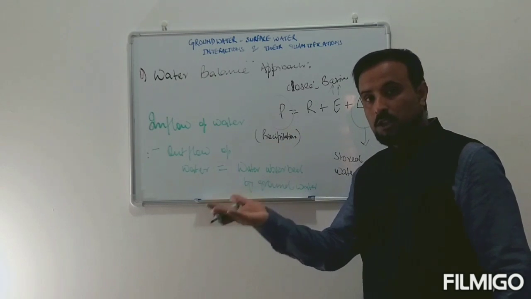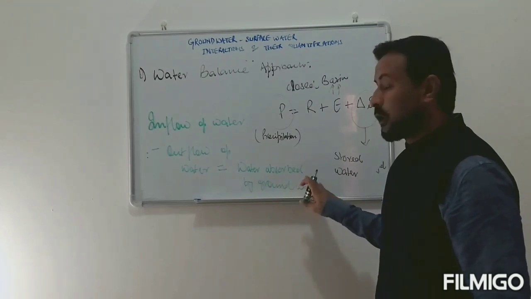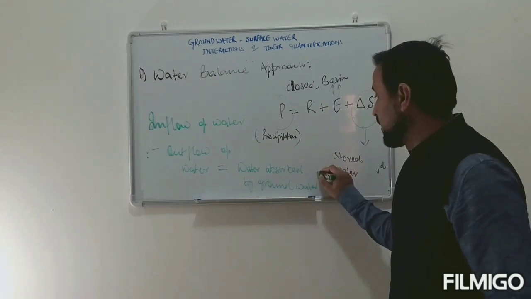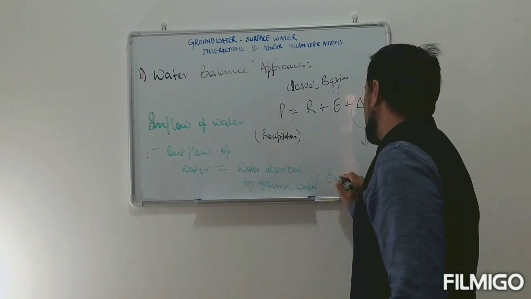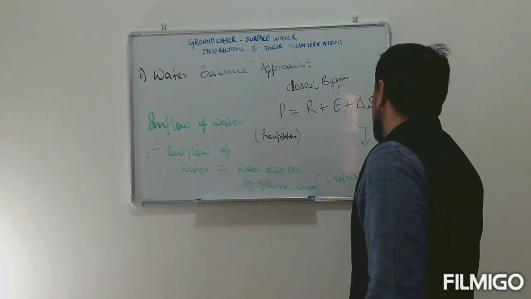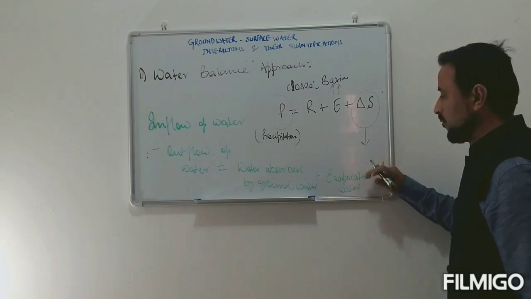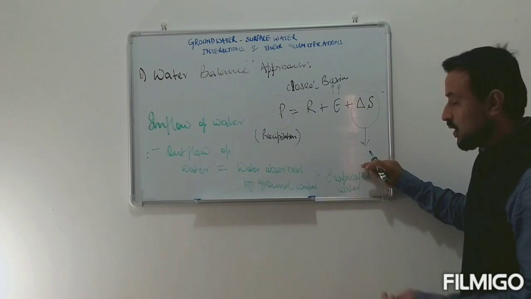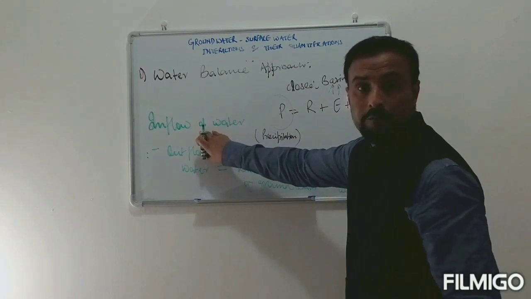Evaporation is the process in which the water is going into the atmosphere. That should also be taken into account and should be added here. Evaporated water. So, water is absorbed in the form of groundwater plus evaporation water. That is the water loss from the inflow of the water.